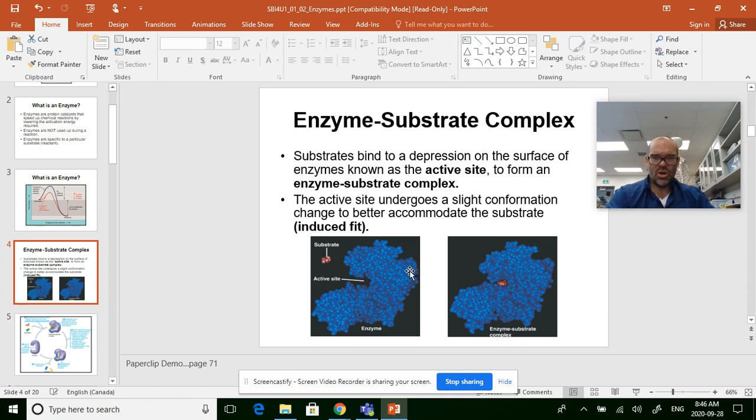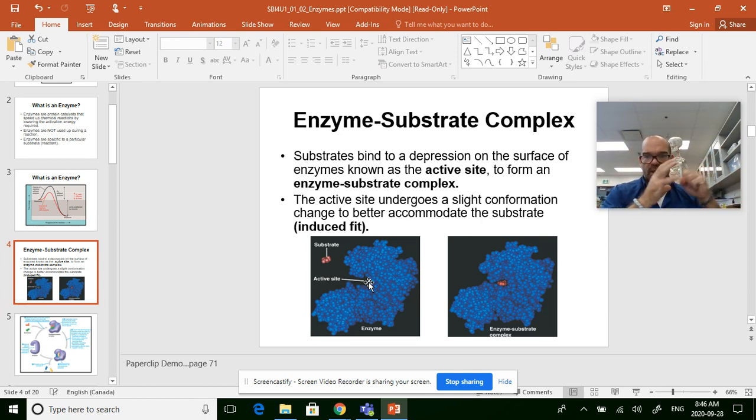So here is your enzyme, and it has a specific site called the active site. The active site is where it binds to the substrate. When the substrate fits in there, it's like your lock and key. They're specific.